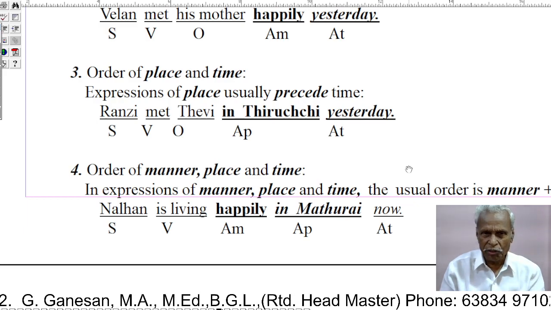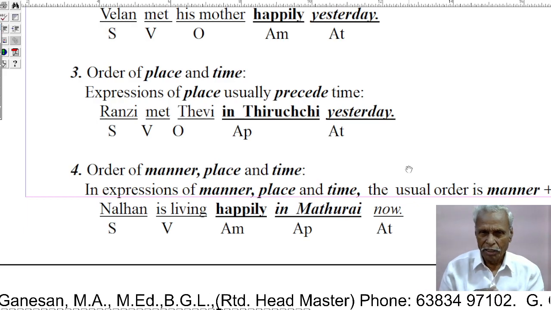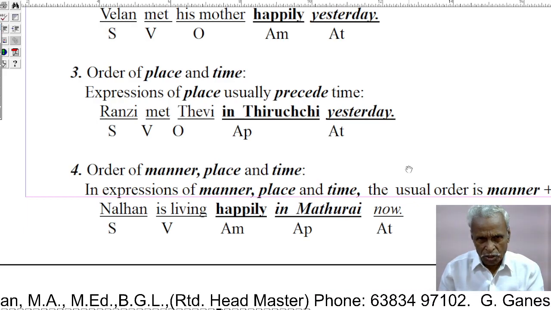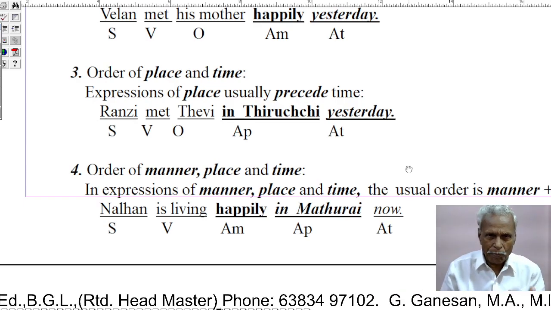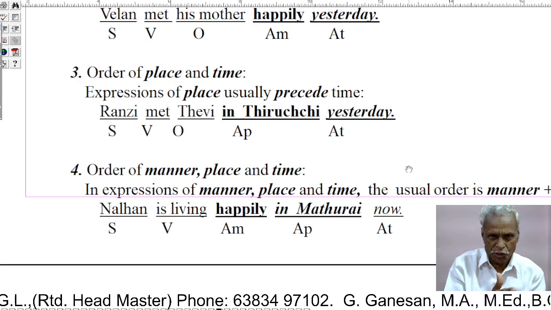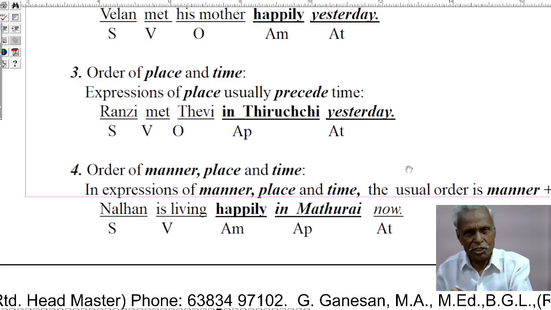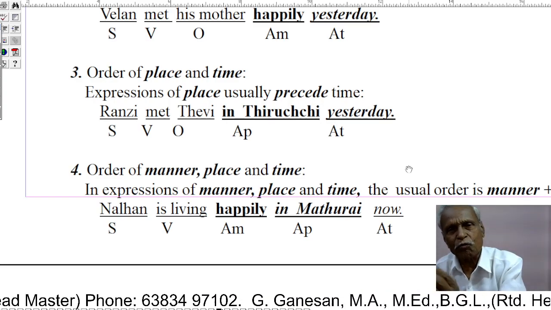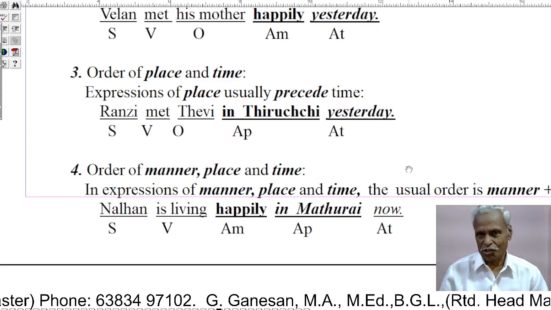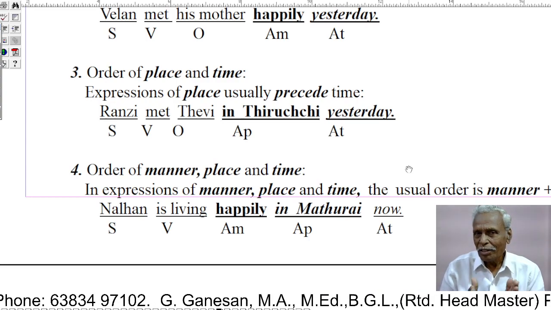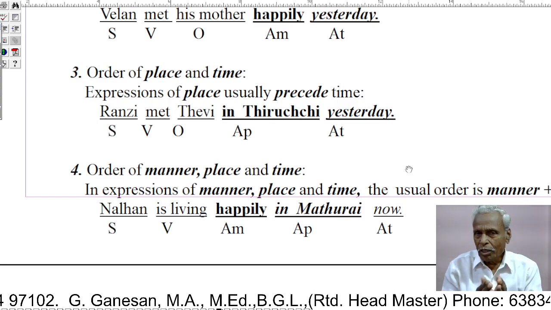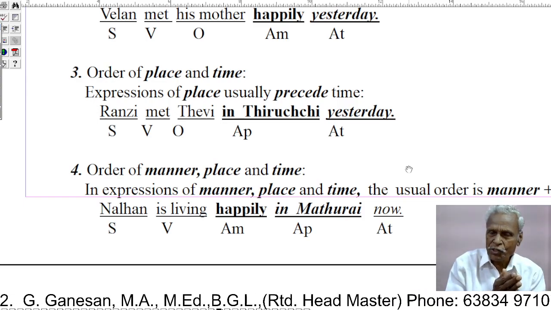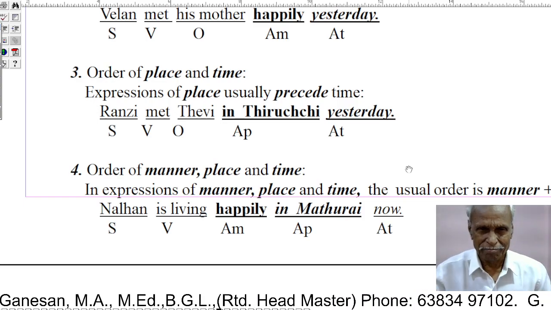Trichy is place. Yesterday is time. So place has been placed first, in Trichy, and time, yesterday, has been placed after Trichy. That is the order of place and time: place should be placed first and time should be placed next.